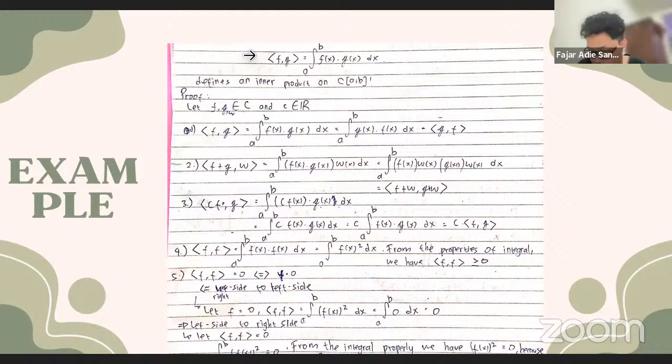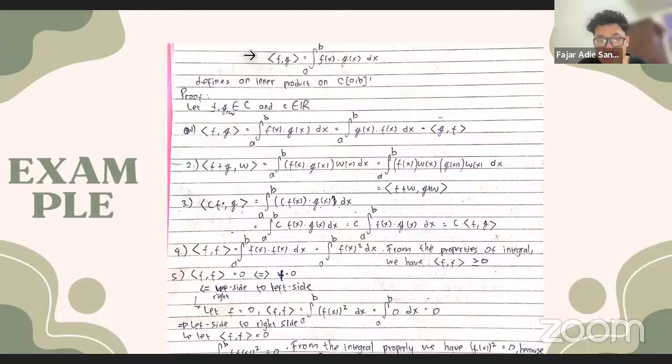Where proving for number 4, inner product f, f equal to integral a to b of f(x) multiplication f(x) dx equal to integral a to b of f(x) squared dx. As we know from the property of integral, we have the inner product f, f is greater than 0.